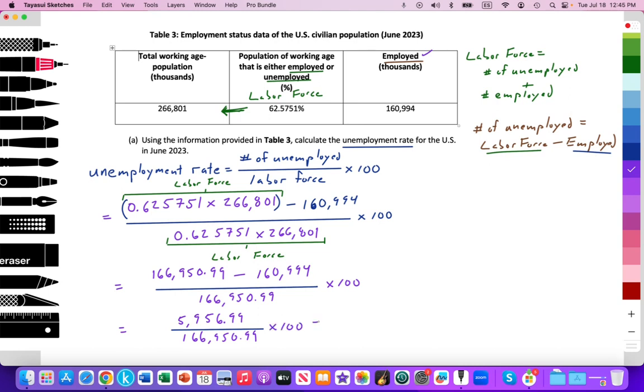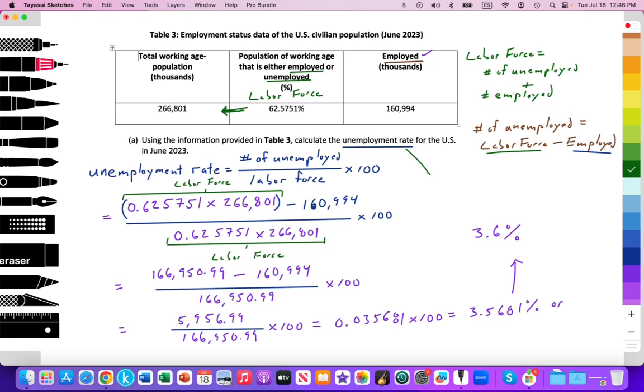And that will be equal to 0.035681 times 100, which is going to be equal to 3.5681%, or on a test, they typically ask you to calculate up to the second decimal value. So 3.568556. That's going to round up to 3.6%. So here we have the unemployment rate.